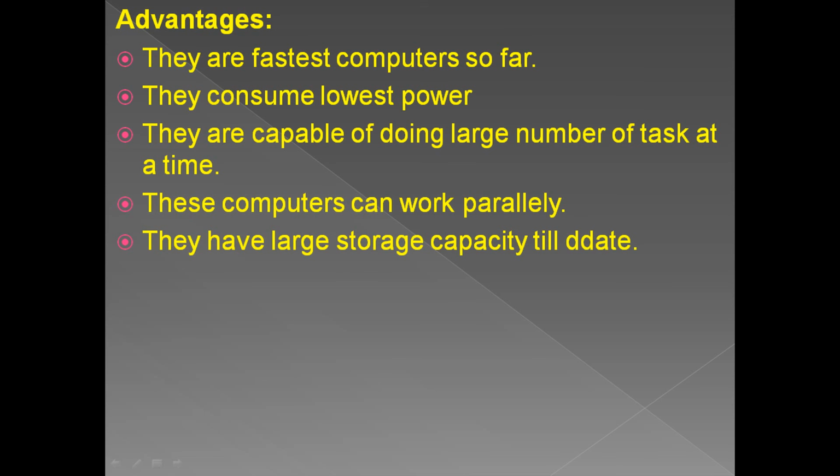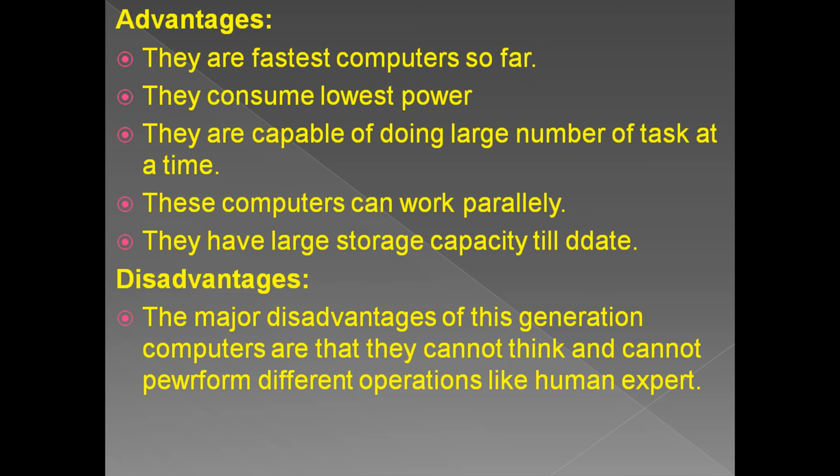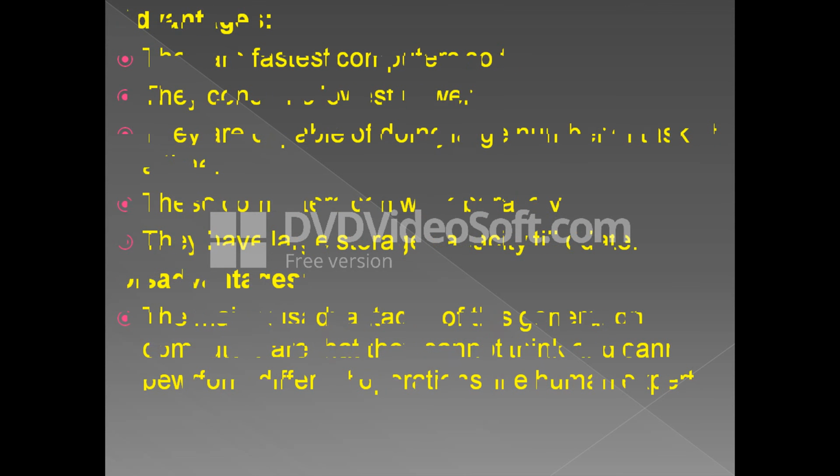The major disadvantage of this generation of computers is that they cannot think and perform different operations like a human expert. That means they cannot take decisions by themselves. So the main disadvantage of fifth generation computers is that they cannot take decisions by themselves.